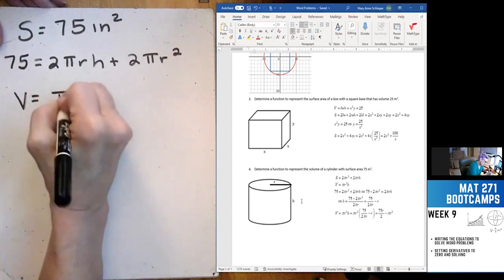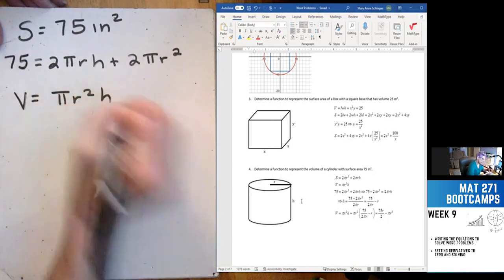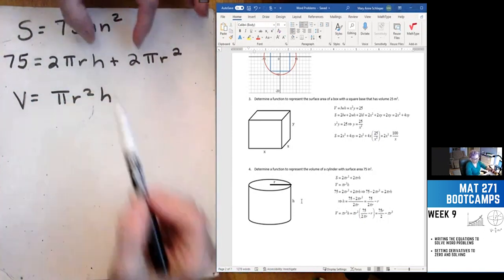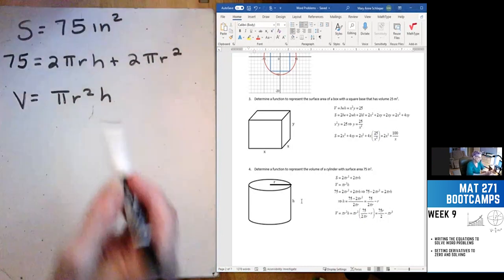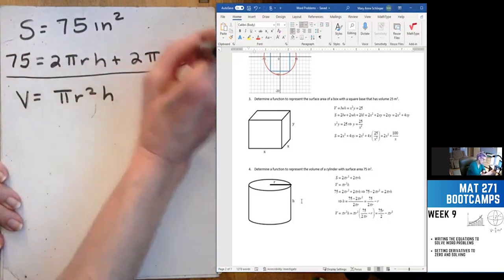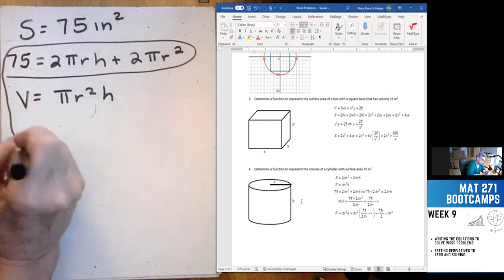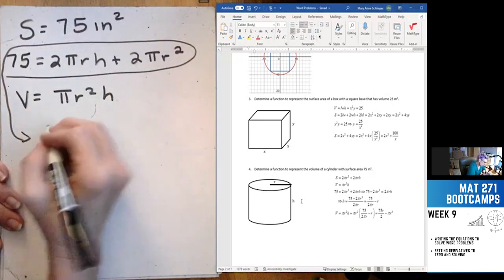Volume is pi r squared h. And we want to rewrite this with just one variable in it. So I'm going to take this one, the constraint, and solve for h.